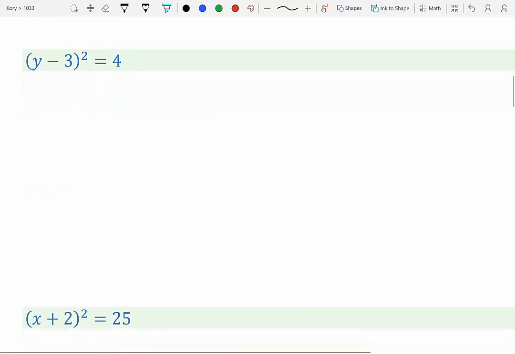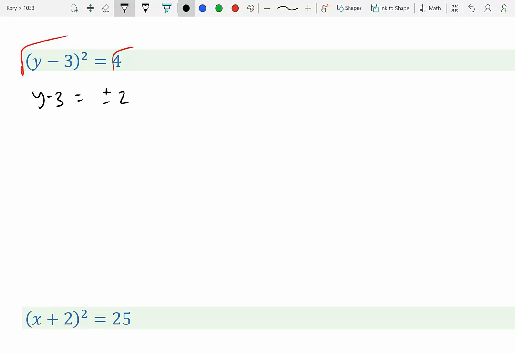Alright, moving on. So there's nothing in front of it, there's nothing to the right, so we can go ahead and take the square root. So we have y minus 3 equals positive negative 2. Now to solve for this we need to add 3, but we have two equations. Our first one is y minus 3 equals positive 2, and then y minus 3 equals negative 2.